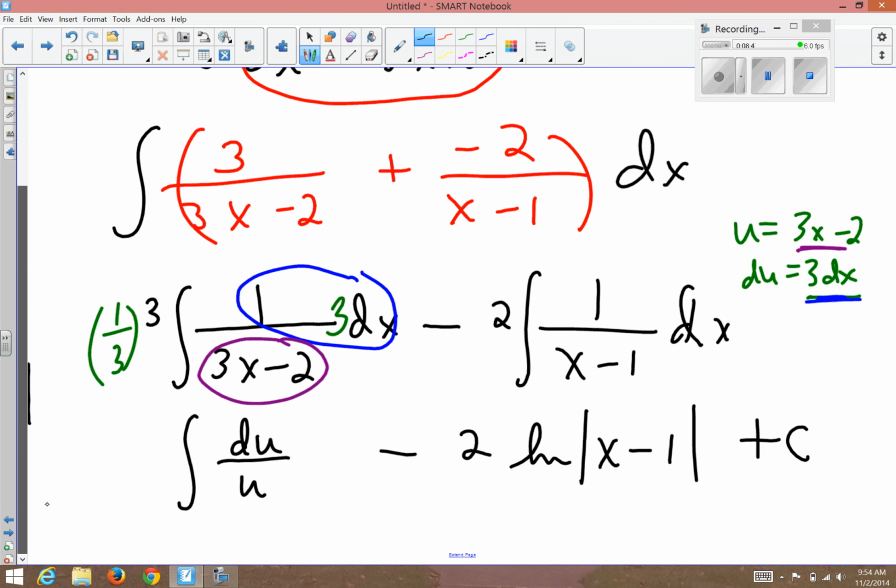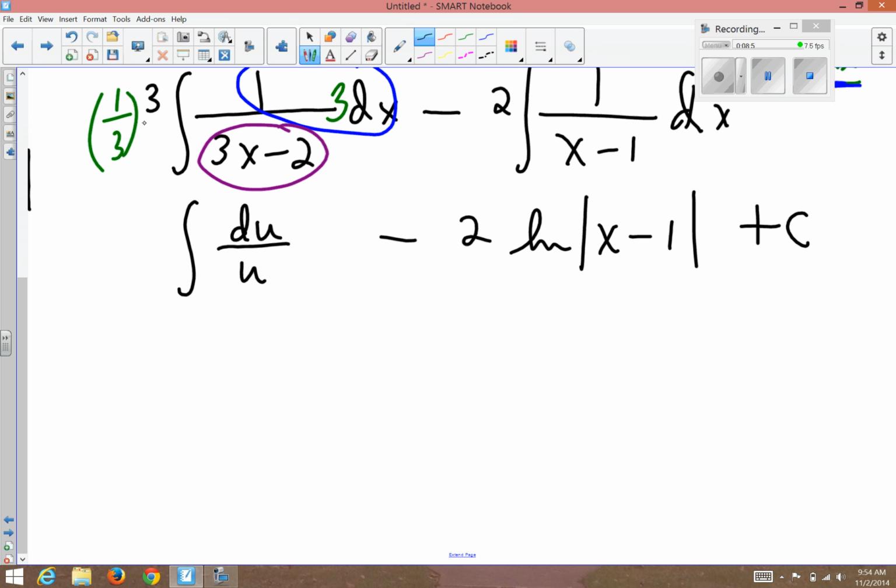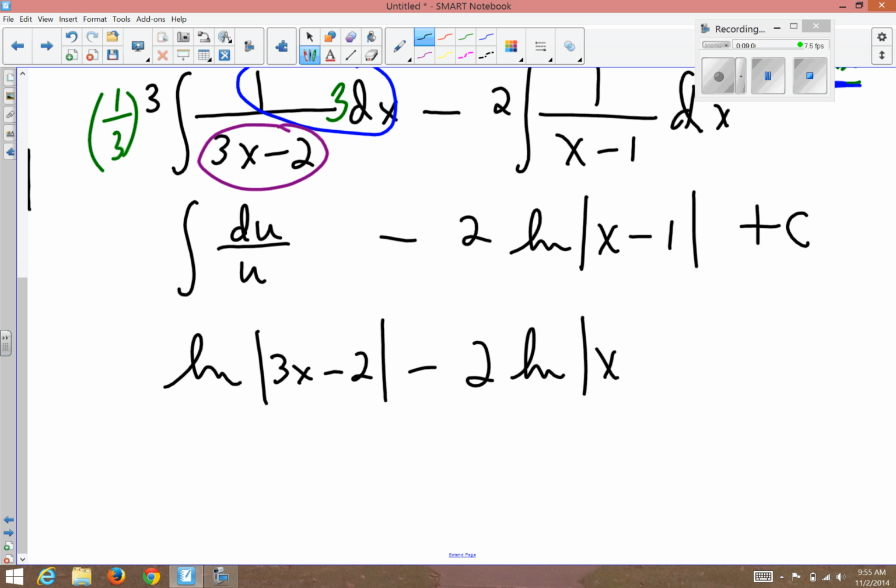Okay, so no number in front there anymore. This is just the natural log of the absolute value of u, which was 3x minus 2 in that case, minus 2 natural log absolute value of x minus 1 plus c.